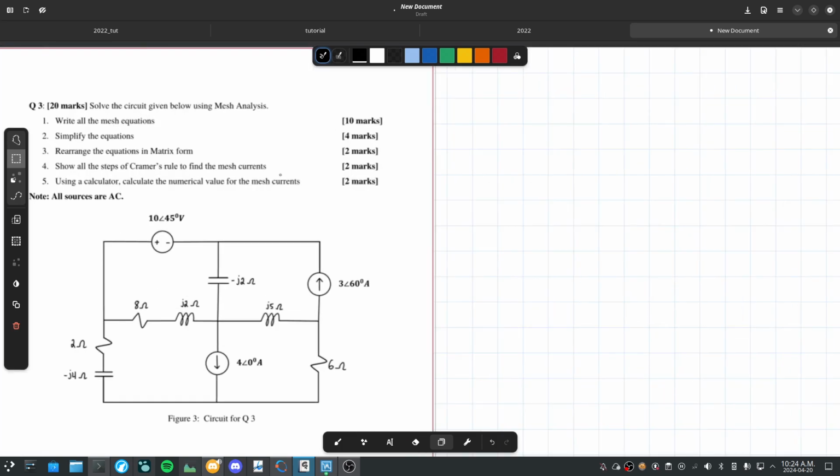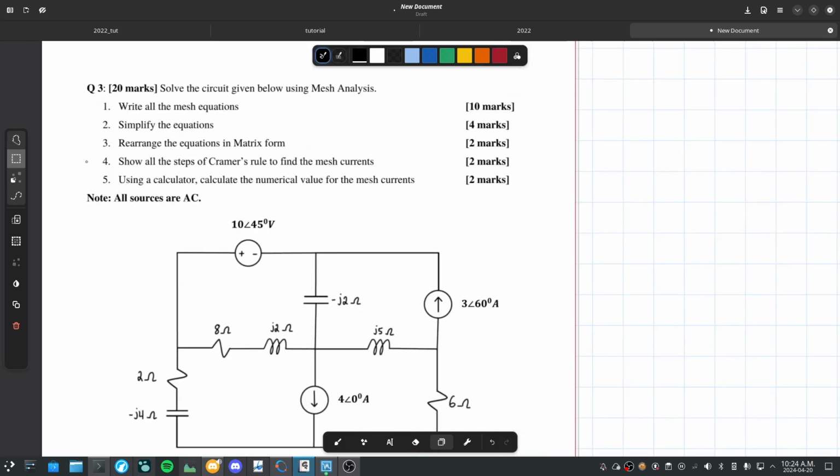So let's start with solving the mesh analysis. The first thing we want to do is draw our currents. So let's draw our currents like such. The convention that we usually do is clockwise, but if you do all of them counterclockwise, you'll get the exact same answer.